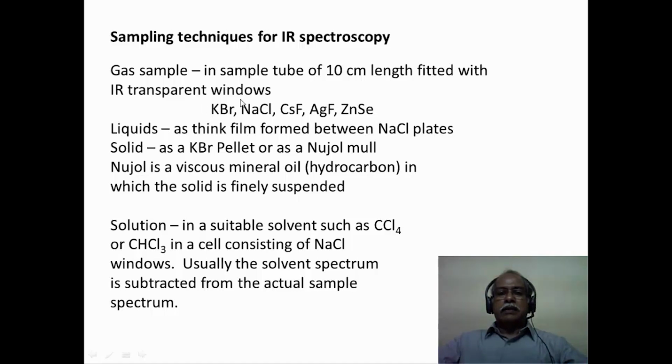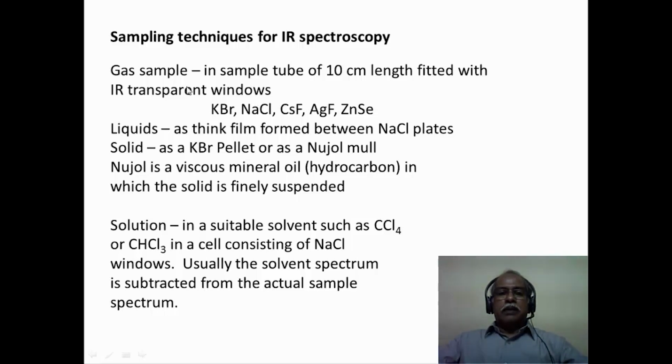So inorganic salts are used as transparent windows, such as potassium bromide, sodium chloride, cesium fluoride, silver fluoride, zinc selenide, and so on. They are used as material for making the cells and windows of the infrared sampling technique.